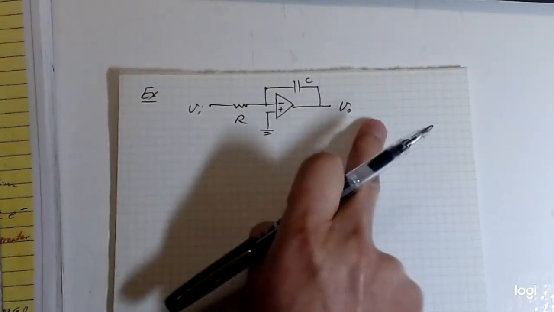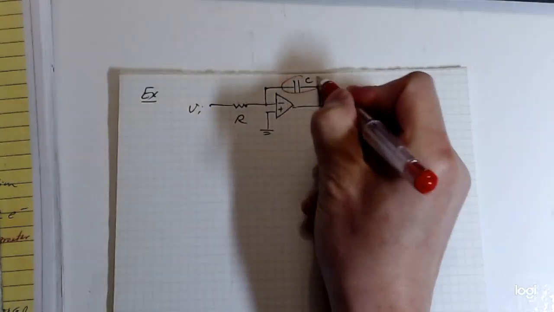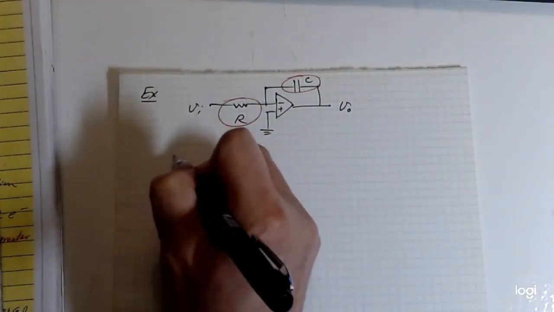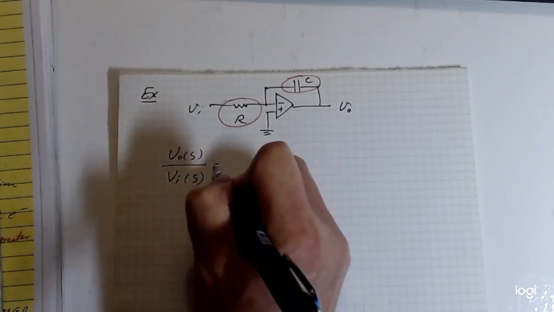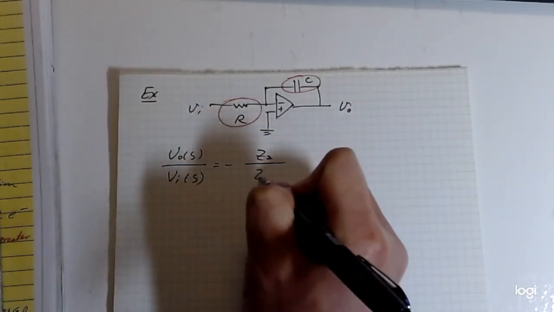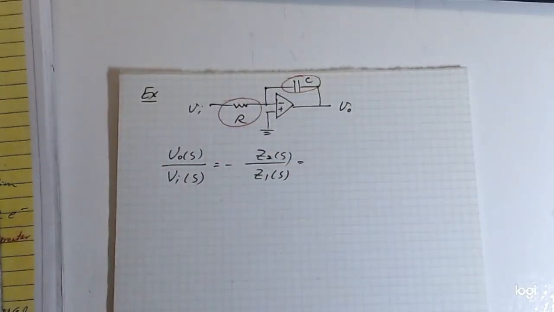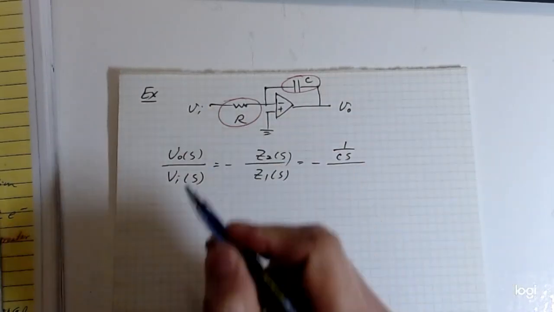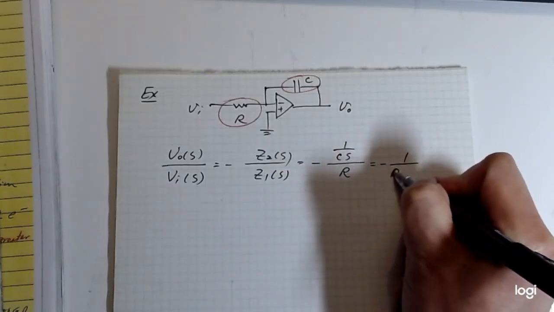What's the relation between these two? Again, we can treat this one as a big impedance Z2, and this is impedance Z1, again in the Laplace domain. So VO of S over VI of S is minus Z2 over Z1. Z2 is capacitive impedance, so it should be minus 1 over CS, and this resistive impedance will be R, so it's minus 1 over RCS.